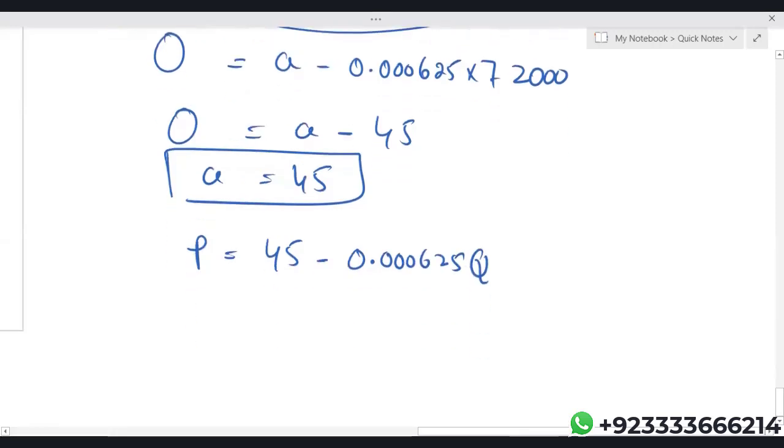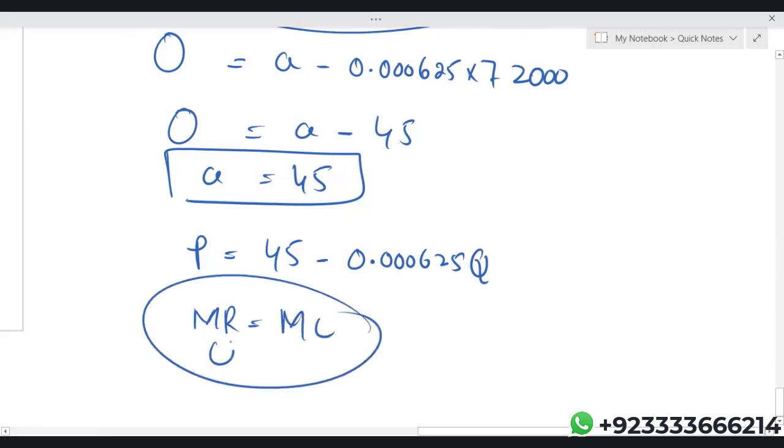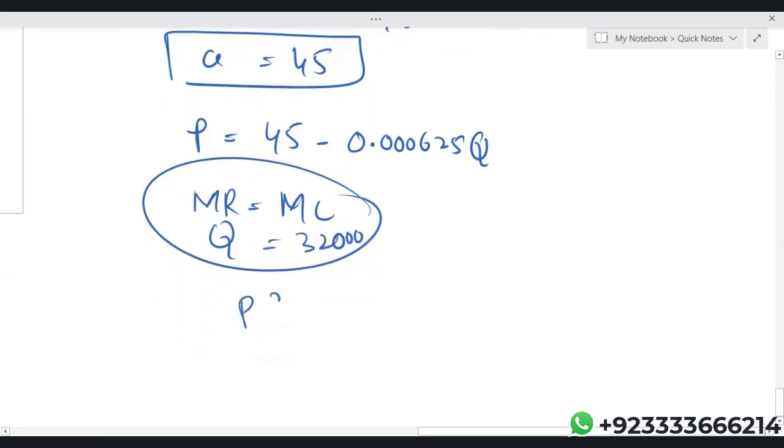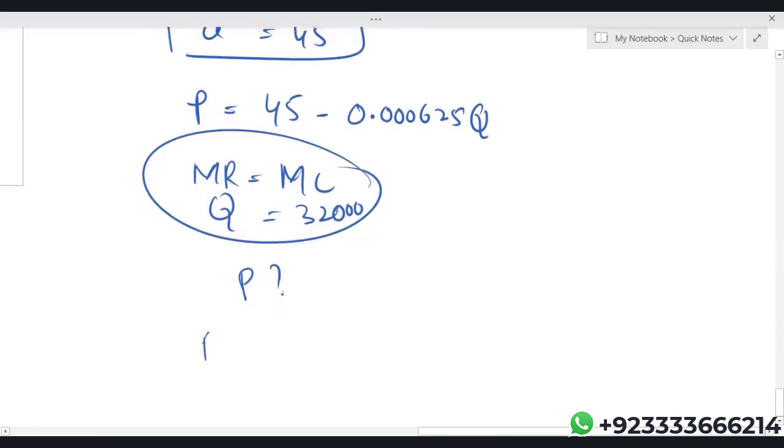Now, the examiner has already found the quantity demanded at MR equal to MC, which is 32,000 units. The examiner is asking us the price. So very simple. Use the demand function. P is equal to 45 minus 0.00625 multiplied by 32,000.